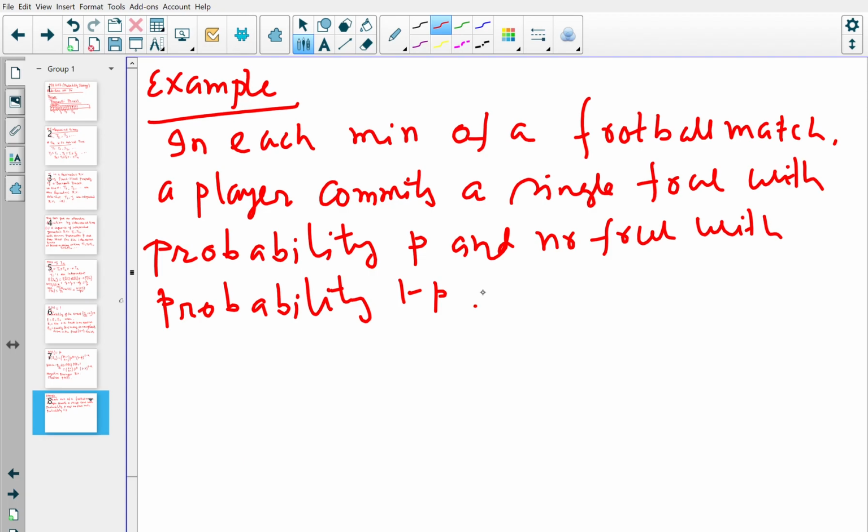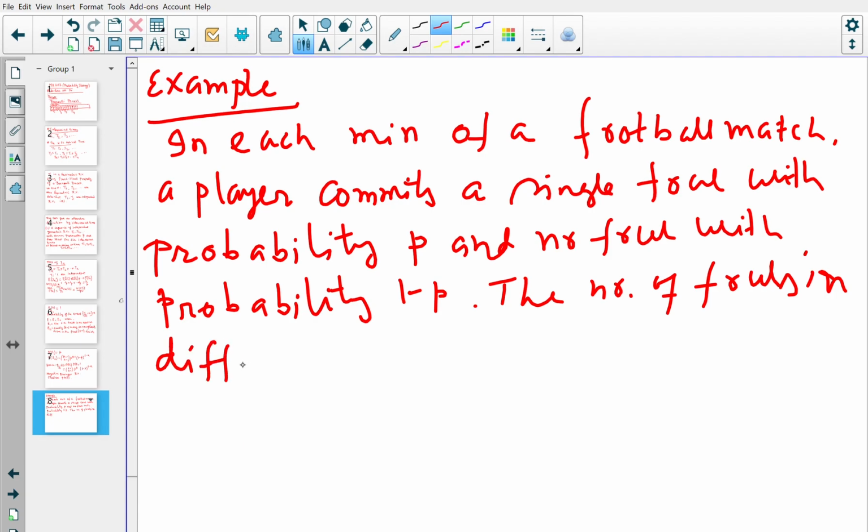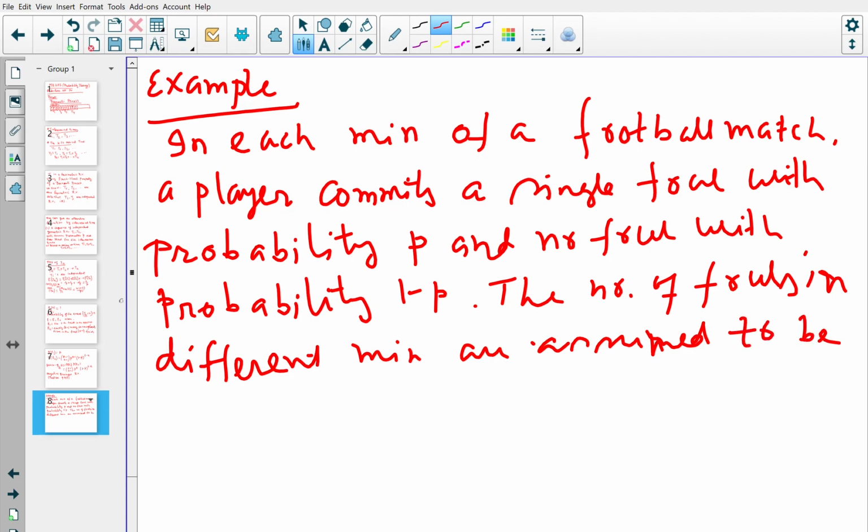The number of fouls in different minutes are independent, assuming that different minutes are independent.